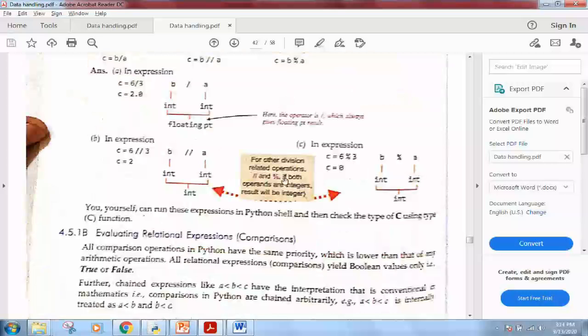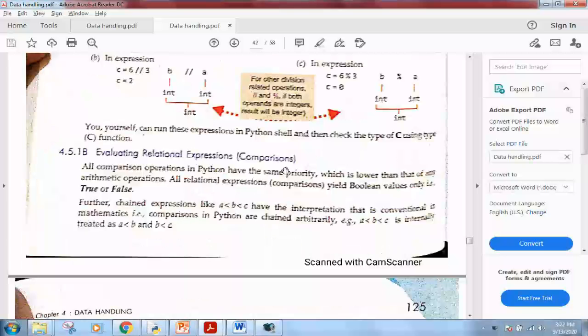So this is all about arithmetic expressions. A relational expression is an expression in which relational operators are available along with the arithmetic operators. All the relational operators have the same priority, but their priority is always less than the arithmetic operators.